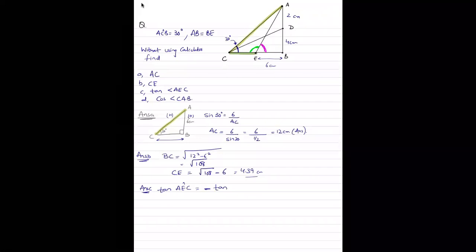So what is the acute angle in my triangle? AEB. Right? This is the acute angle.